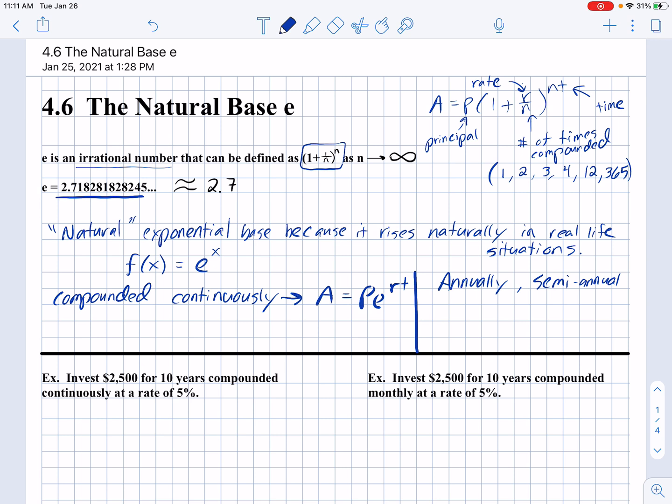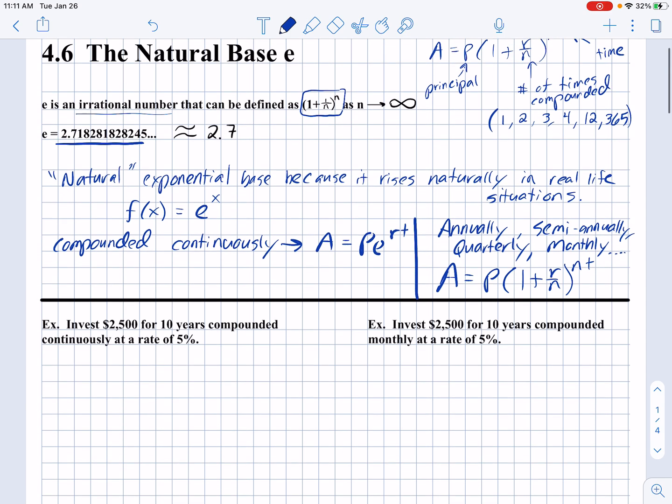Okay, and then I want you to take a look at the difference down below. Quarterly, monthly, and so on and so forth would be A, our amount, equals our principal times 1 plus our rate divided by the number of times it's compounded, to the power of n times t.